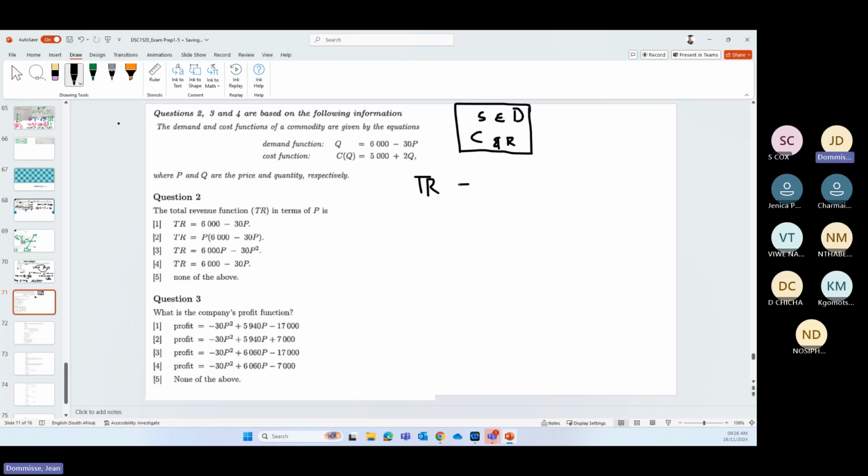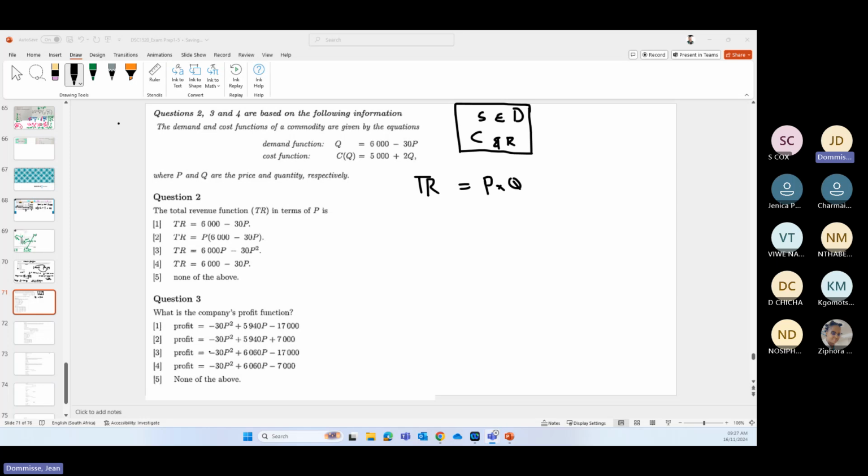So total revenue is price times Q. Perfect.